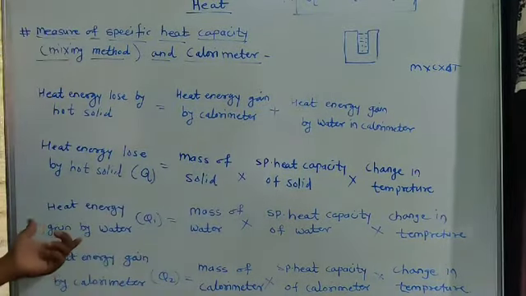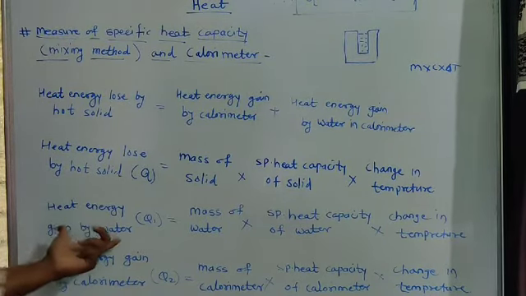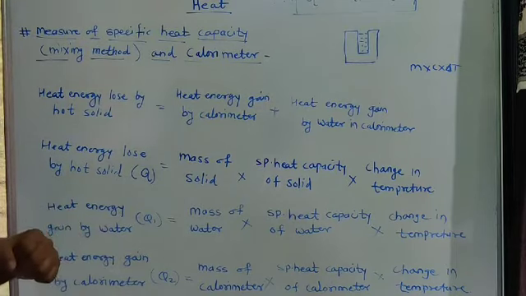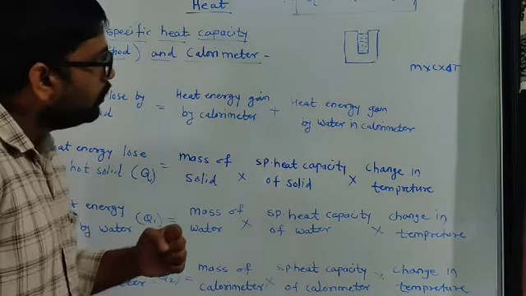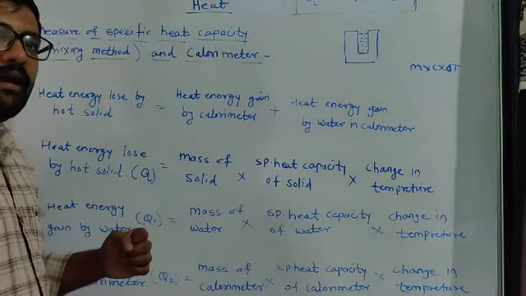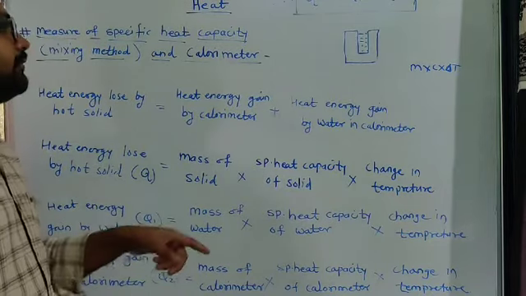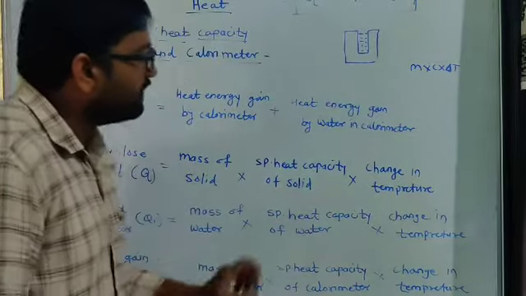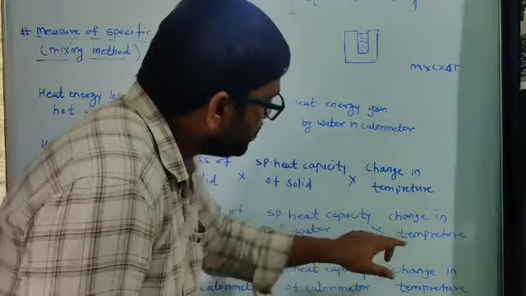So first of all we have to calculate the heat energy gained by the water in the calorimeter, that we call Q1. We know that heat energy gained by any object is given by mass of water into specific heat capacity of water into change in temperature.